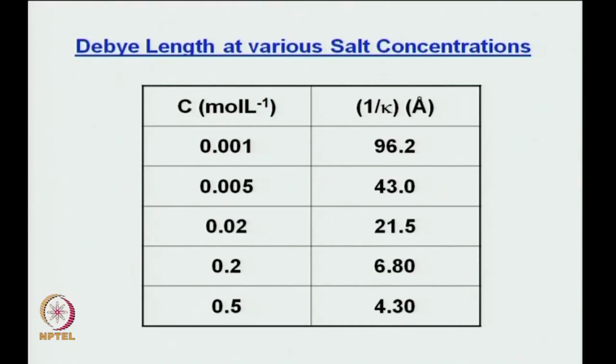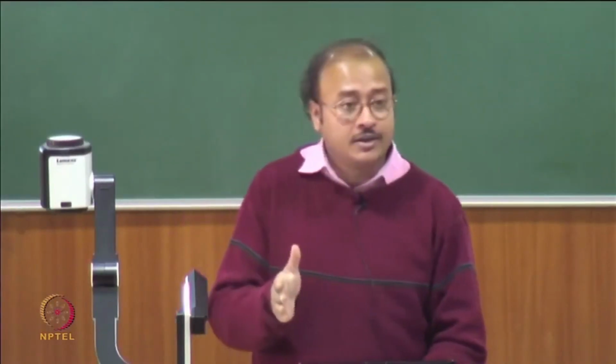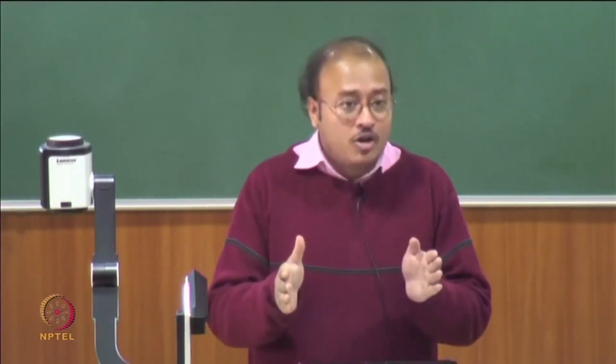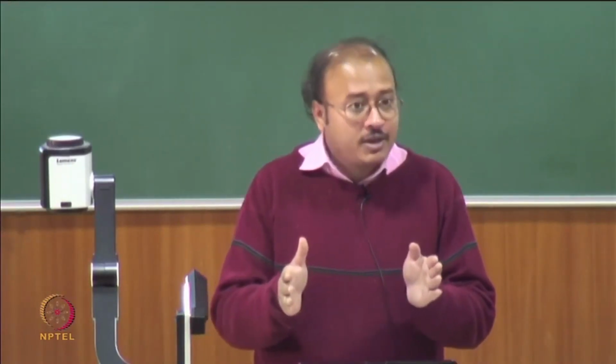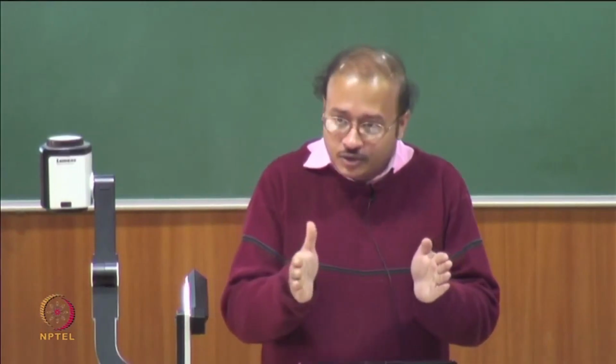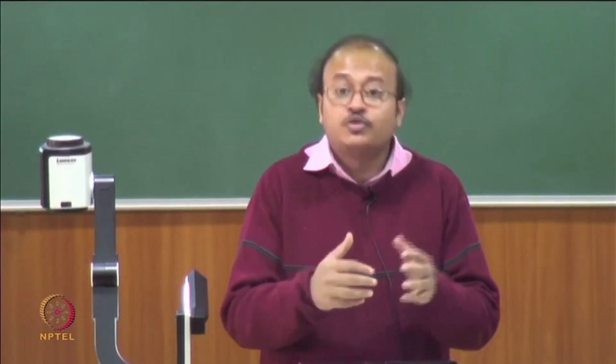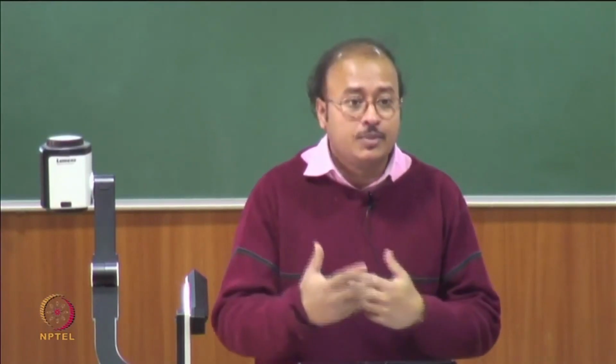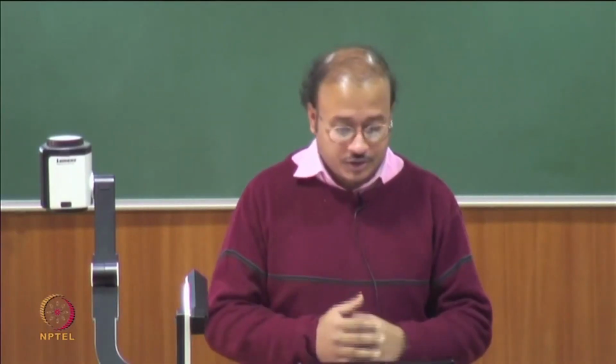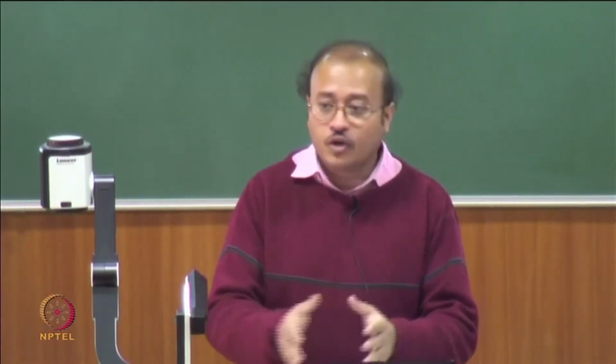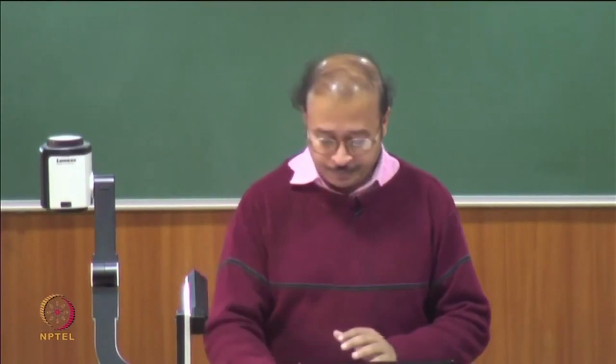Exactly, because your concentration is increasing. That means between this ion and this probe you have more and more ions coming in, hence obviously the length is going to come closer, because you have too much shielding, too much screening depending upon the concentration. So, this is a direct fallout of what you just derived. Okay.